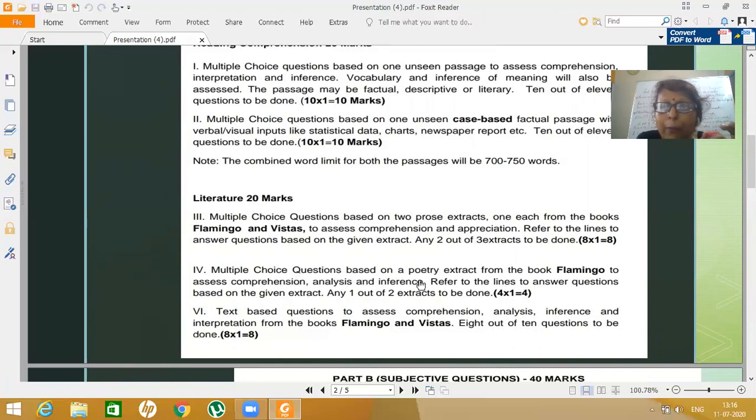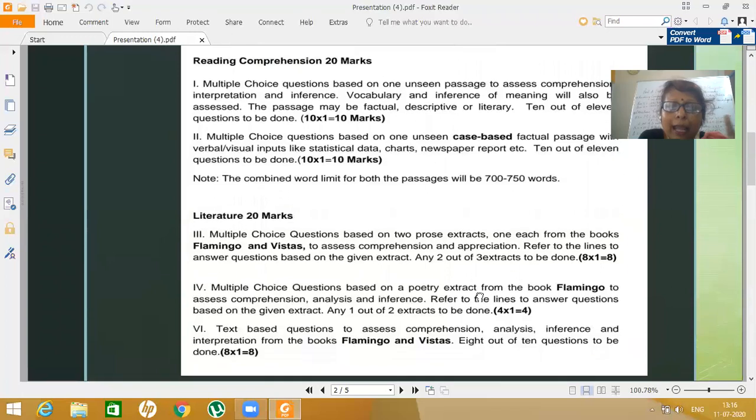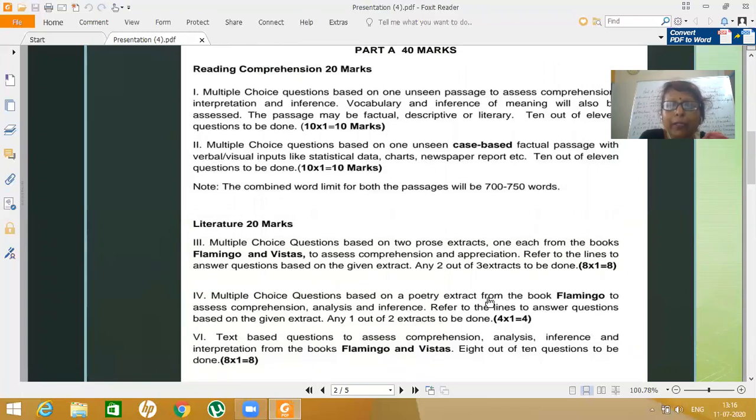Question number 4 will be based on a poetry extract, and this will obviously be from the Flamingo, that is where you are having all your poems, and 2 extracts will be given to you, and 1 out of 2 you have to do. 4, 1 mark each, you will be getting 4 questions, and that will be as you used to get it earlier. No change in this again.